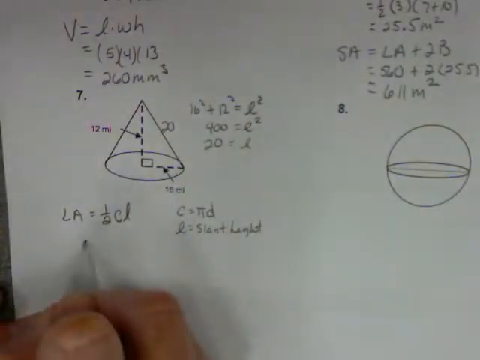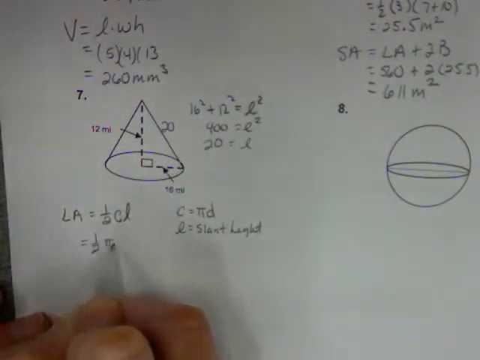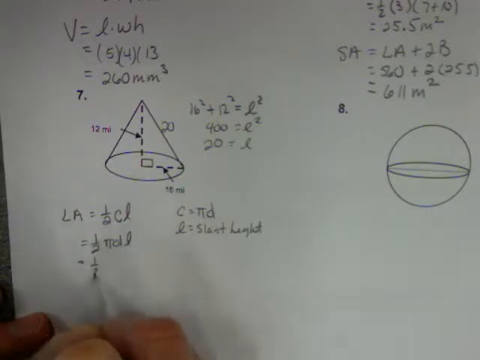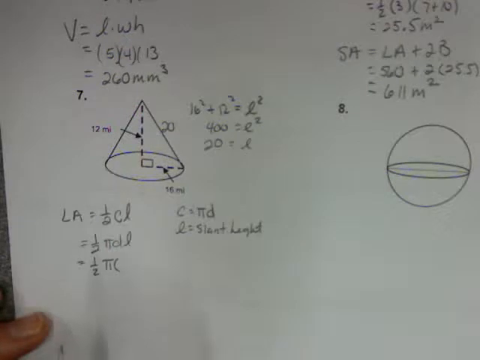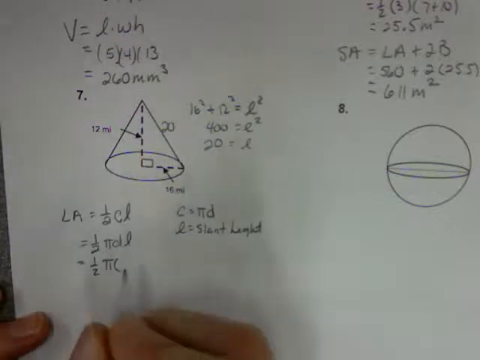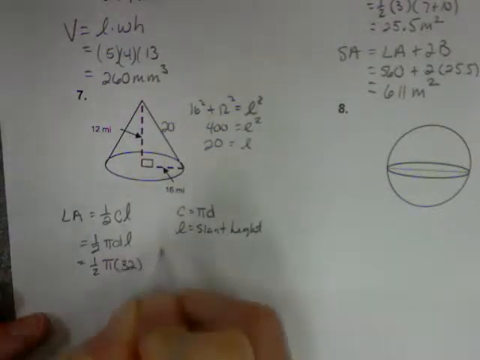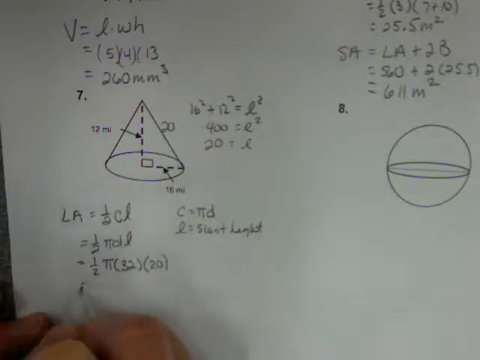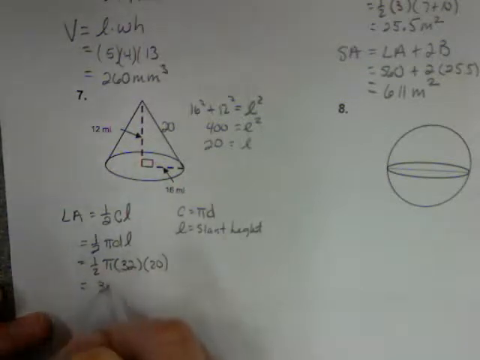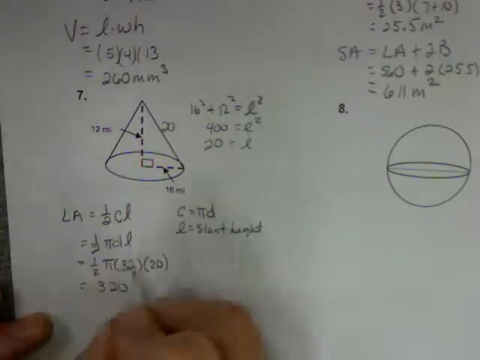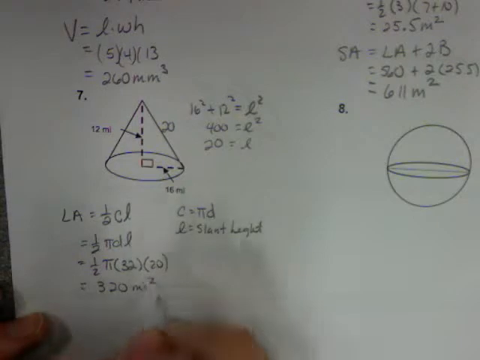Okay, so let's substitute in 1/2 pi dl. Pi times the diameter. The diameter is 16 times 2, so that's 32. So 32, and the slant height we found is 20. So when we multiply all of that out, we get 320 miles squared.